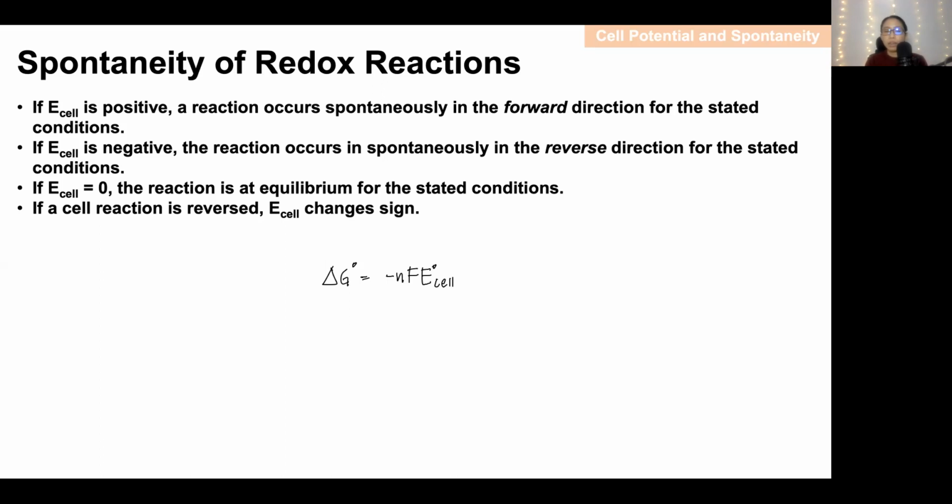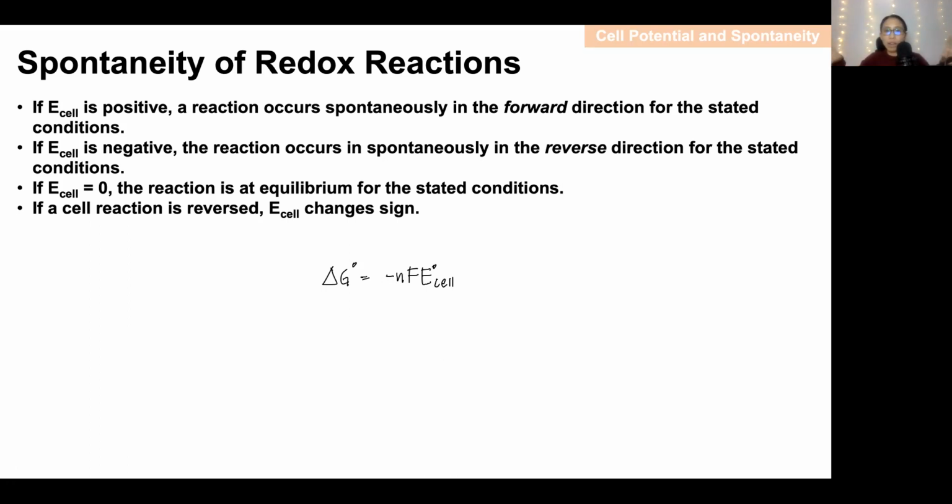And if you get a cell potential that is negative, it tells us that the delta G must be positive, which means the reaction occurs spontaneously in the reverse.